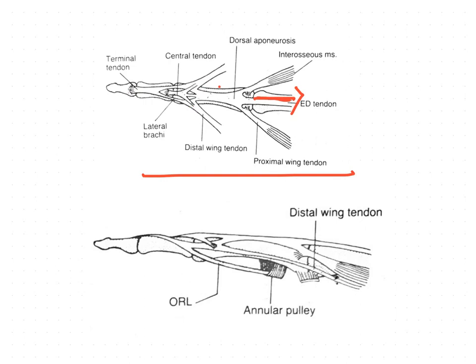Only the ED tendon tension is not sufficient to maintain complete interphalangeal extension, and also the interosseous or lumbrical action alone is not enough to produce the extension.